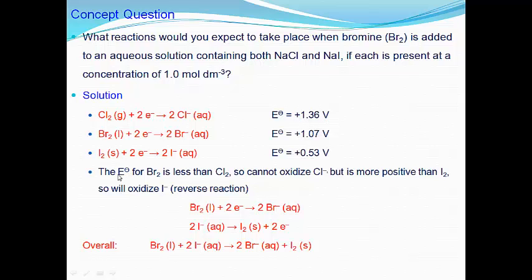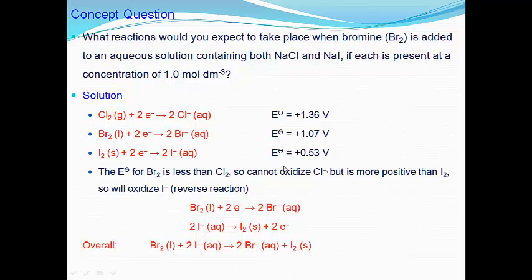Now, what does this tell us? We see that the E0 for bromine is less than that for chlorine. This tells us that chlorine is more likely to become reduced to chloride than bromine is to bromide.